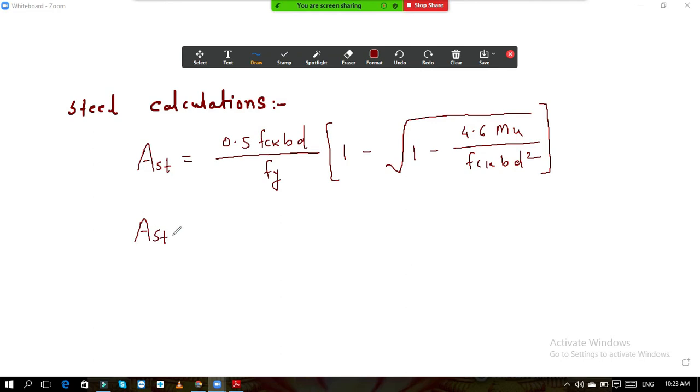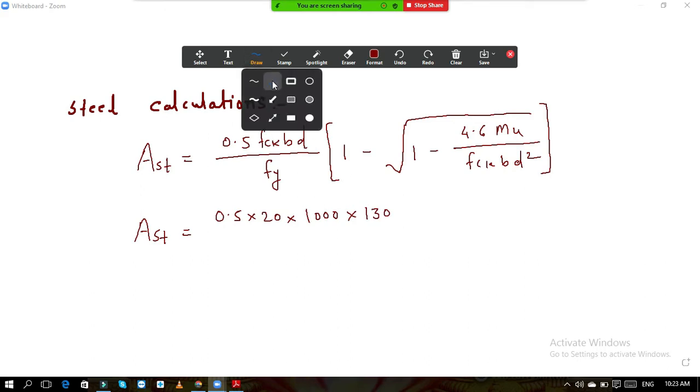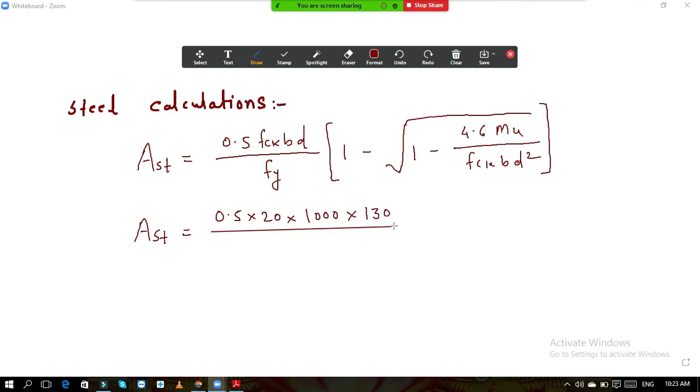So Ast is equal to 0.5 as it is, fck is 20, b is 1000 per meter width we have assumed, into d. What is the depth? It is 130 mm, whole divided by 415, in bracket 1 minus under root 1 minus 4.6 into Mu.